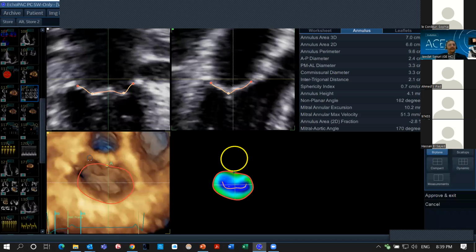But you are right, here you can see this is still LA. So if it is LA, then it's not part of the annulus itself. If you change this to include more, you are speckle tracking the LA wall itself, not the annulus. So yes, you have a point there. Thank you.